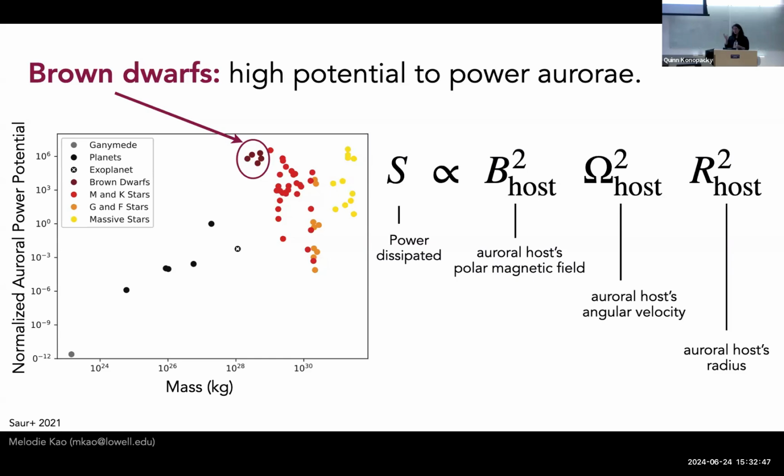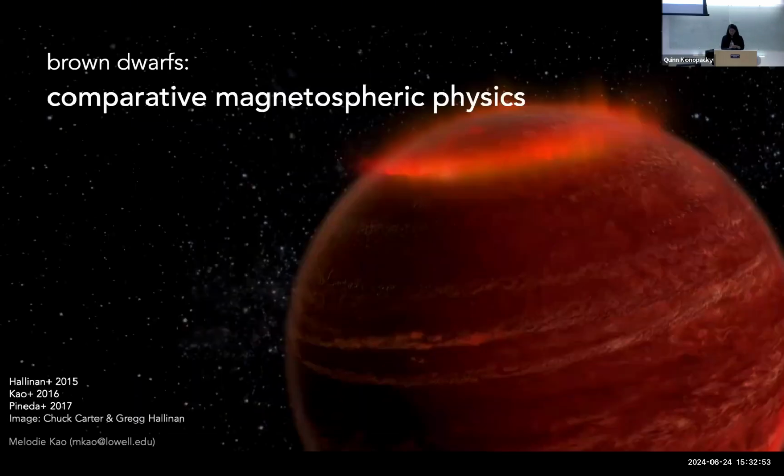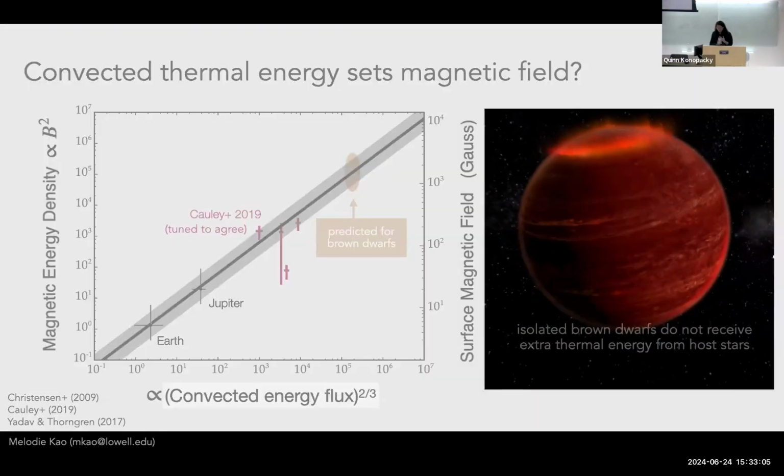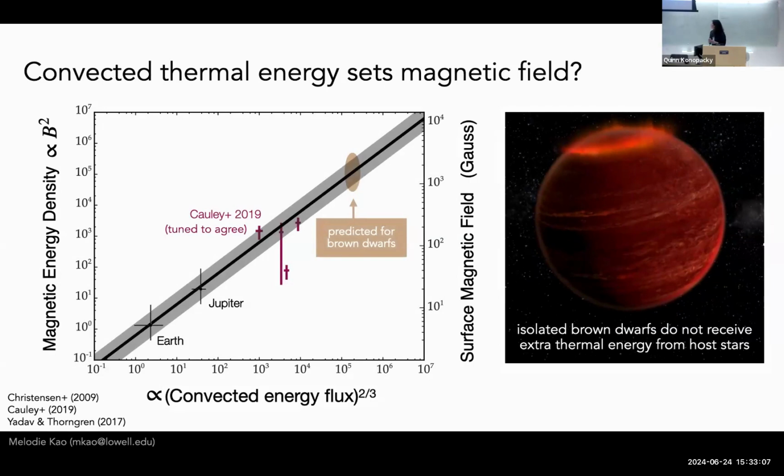They also rotate quite rapidly, on the order of several hours, and they have largely invariant radii. And that makes brown dwarfs really excellent laboratories for studying exoplanet-like magnetism.